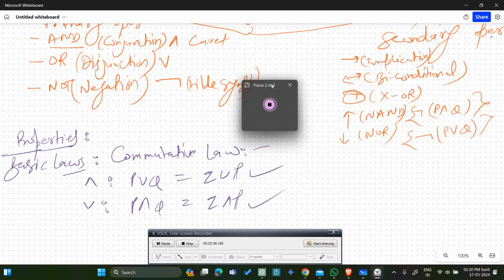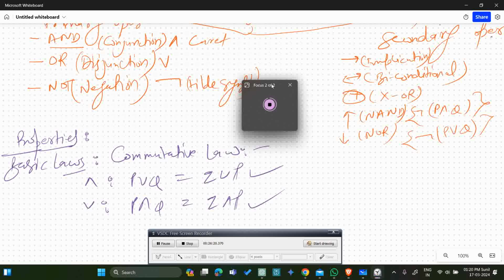Now, we will check for other properties for these operators. We will check all operators basically. First, we are seeing conjunction and disjunction only. Right.